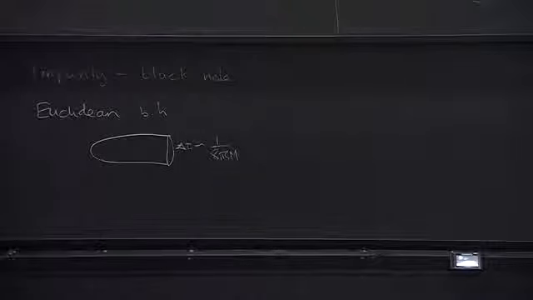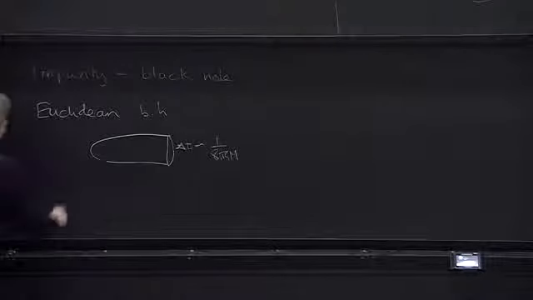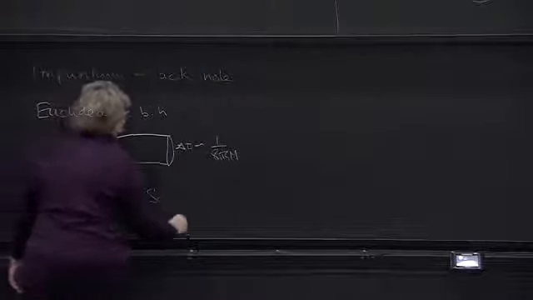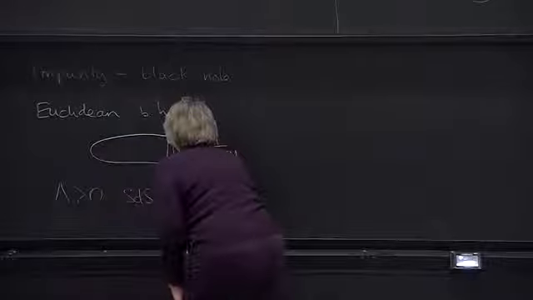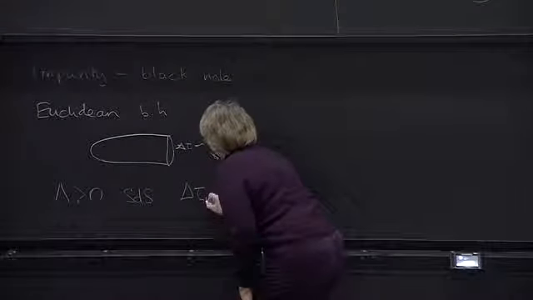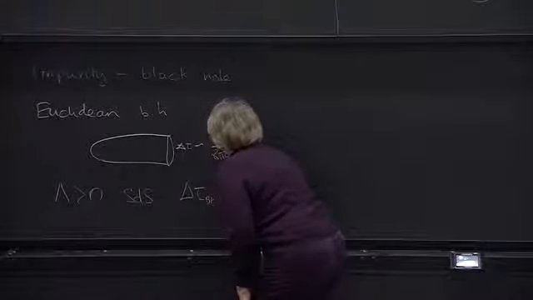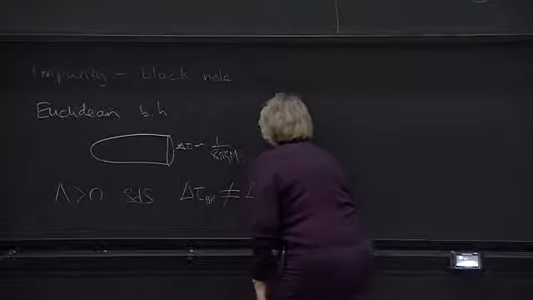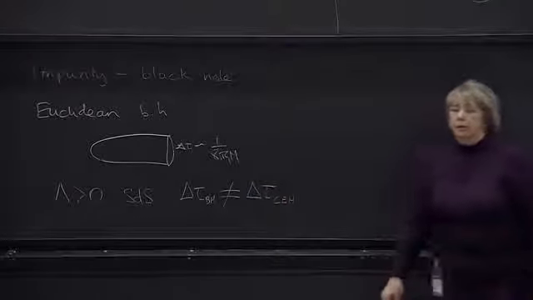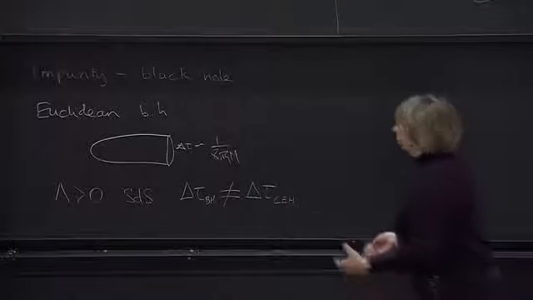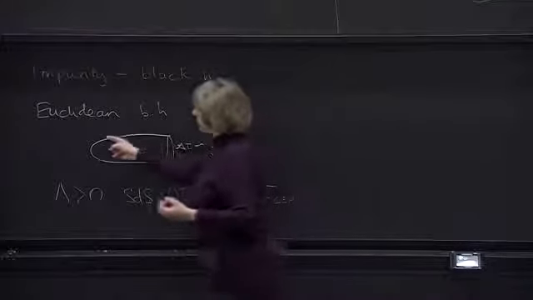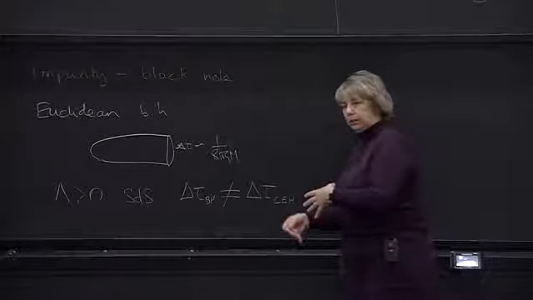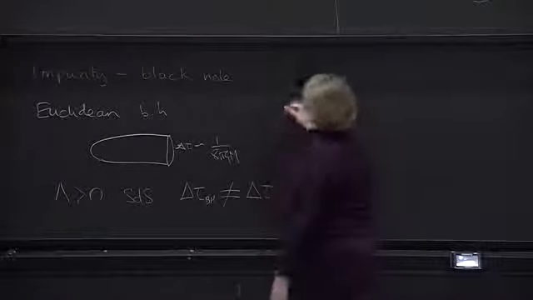Now, if we have a positive cosmological constant, in other words the Schwarzschild de Sitter space-time, the periodicity of tau coming from the black hole is not equal to the periodicity of tau coming from the cosmological event horizon. So we have this mismatch between the natural periodicity that makes the event horizon non-singular and the natural periodicity that makes the cosmological horizon non-singular.